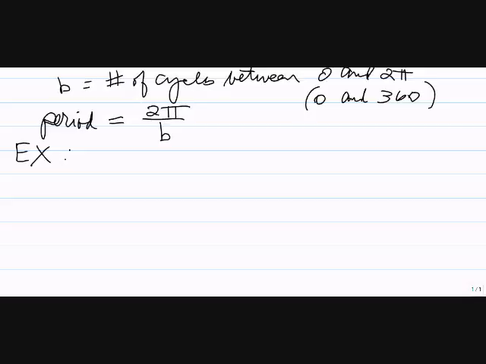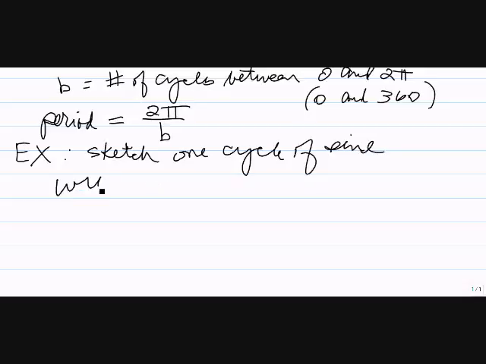So we're going to sketch one cycle of sine with an amplitude of 2 and a period of 4 pi.